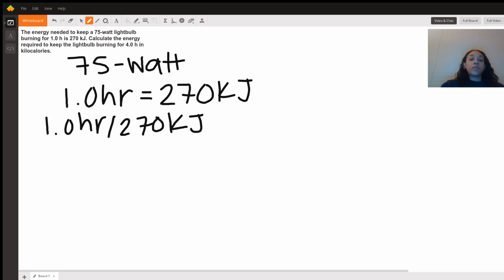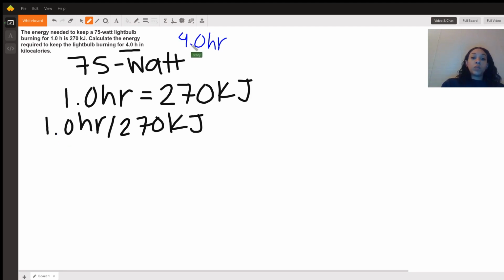So here, if we keep reading, it says, calculate the energy required to keep the light bulb burning for 4 hours in kilocalories. So the value that's alone that we can use to start with to then jump to another unit is the 4 hours. I'm going to write it in blue up here.